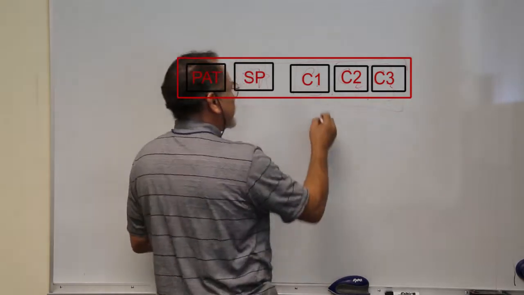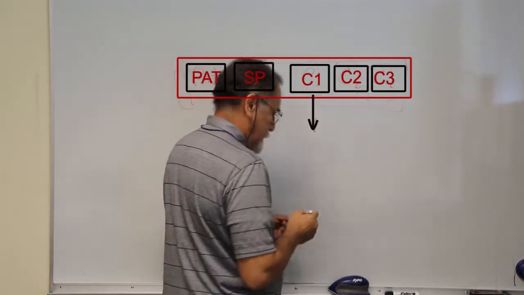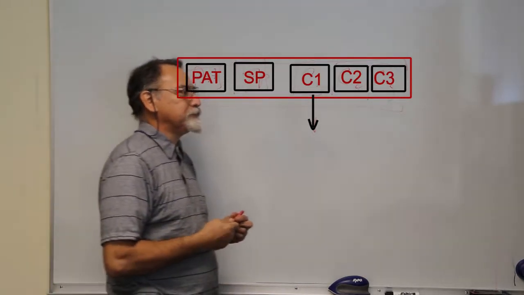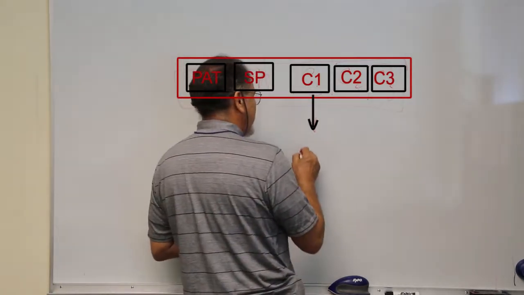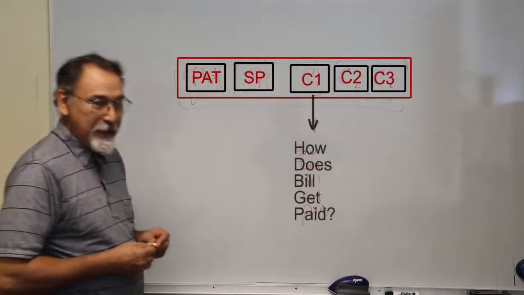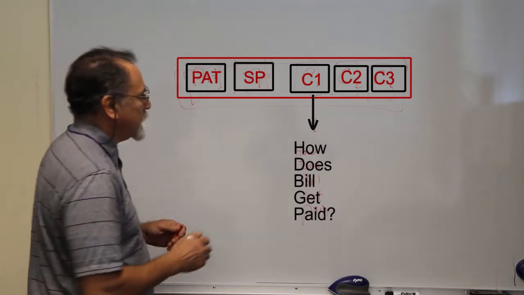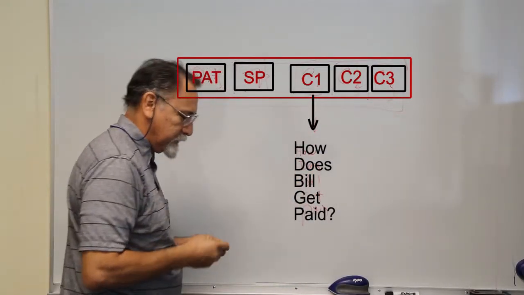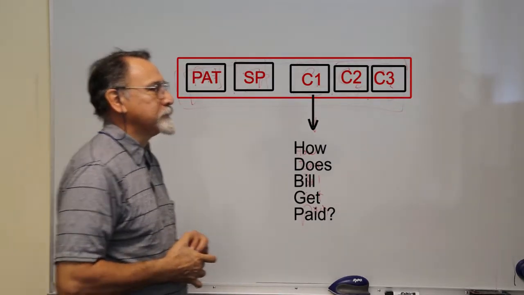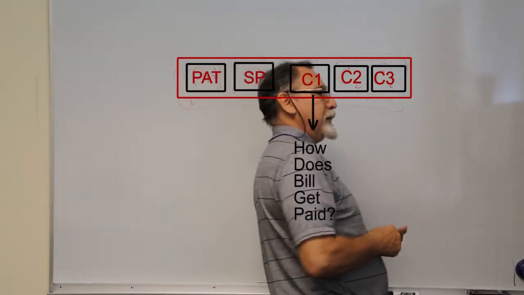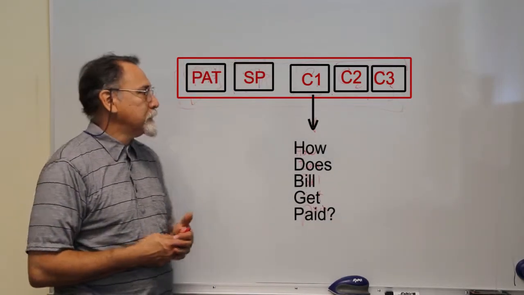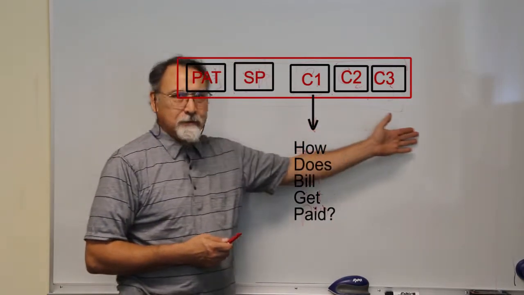If child 1 is ill and gets treatment, how does the bill get paid? Who pays the bill? How do you connect this child to the patient holder, the subscriber? There has to be some way, there has to be some identifier that will unite these items.